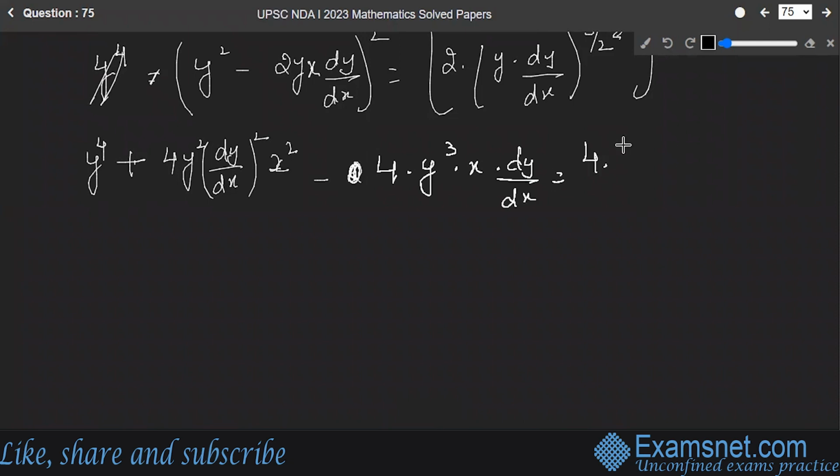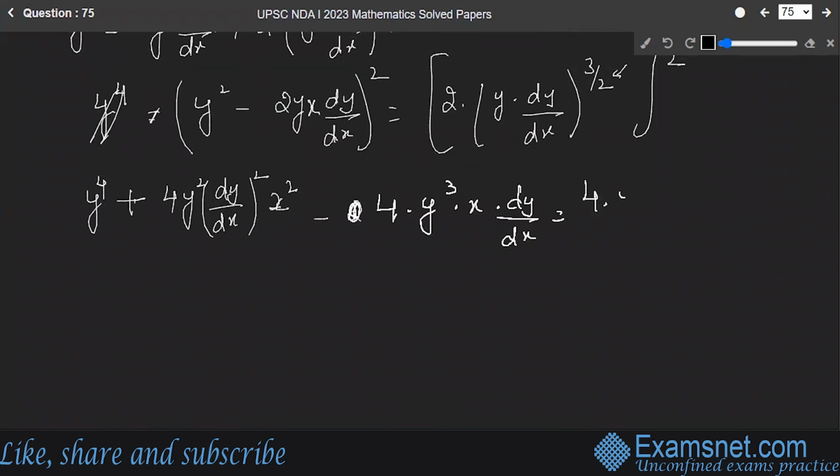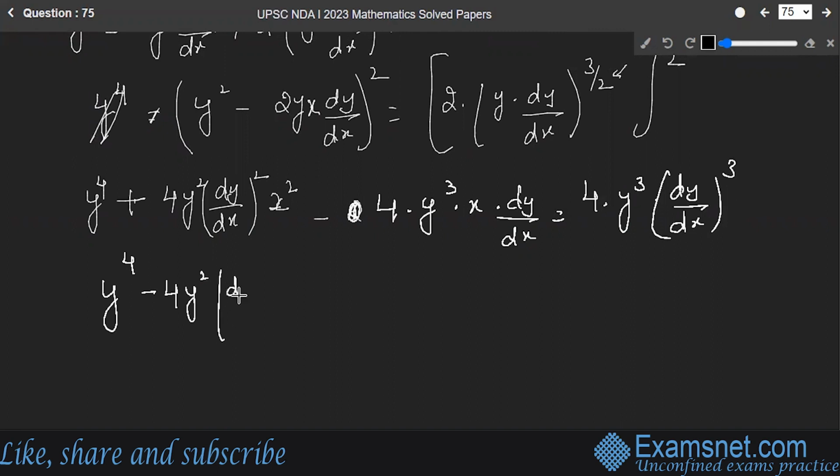This is equal to 4 into y square cube dy by dx raised to power 3. All right. So this can be written as y raised to power 4 minus 4y square dy by dx square x square minus 2.